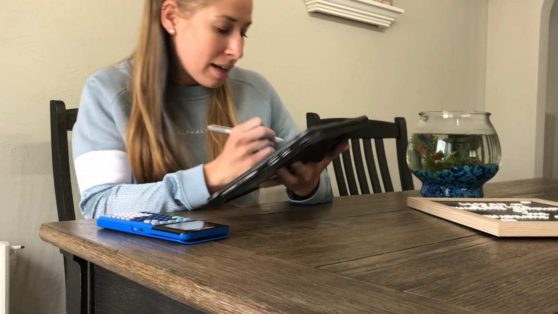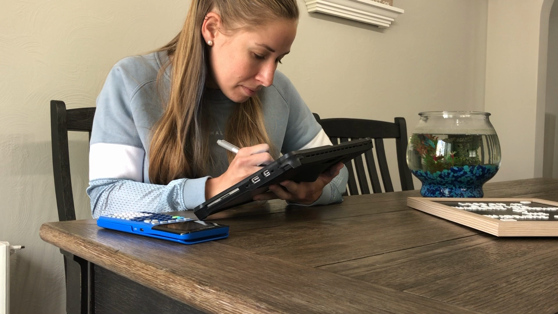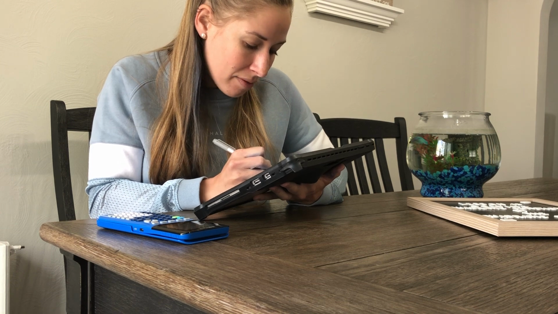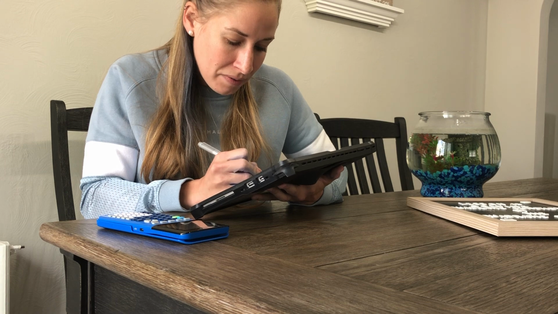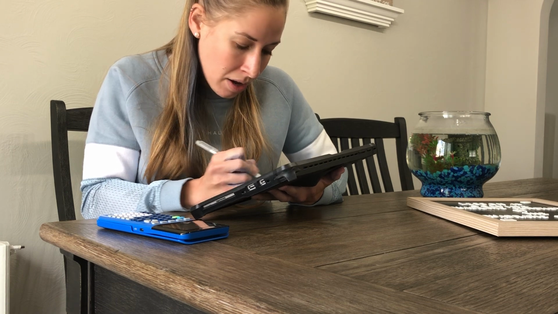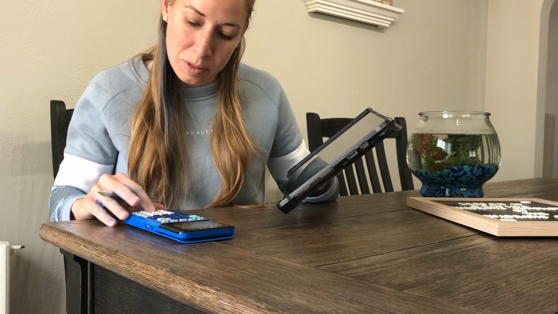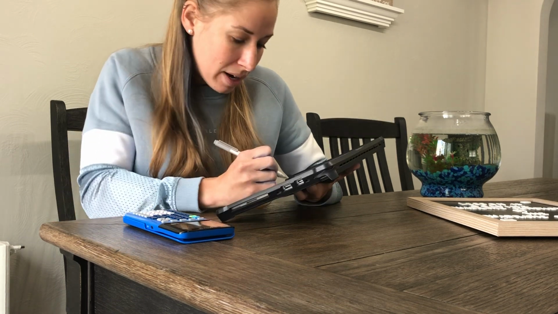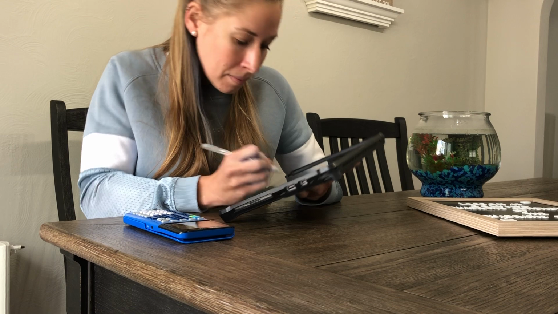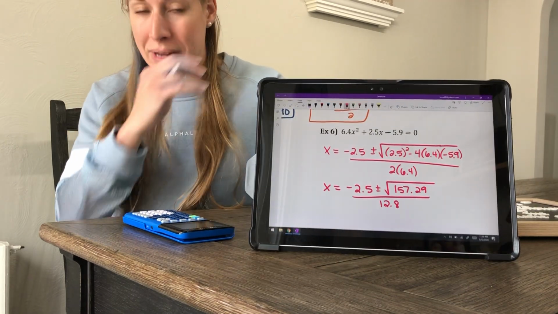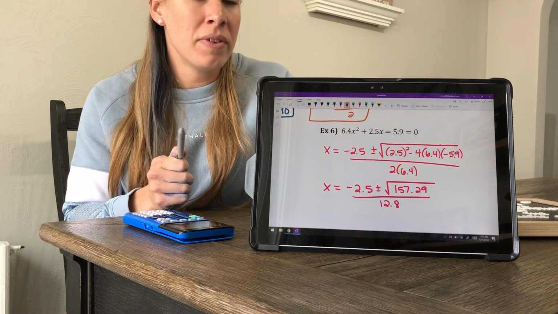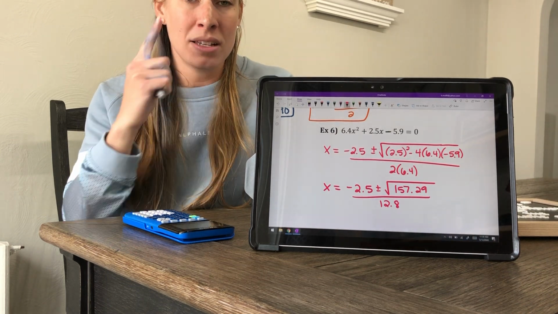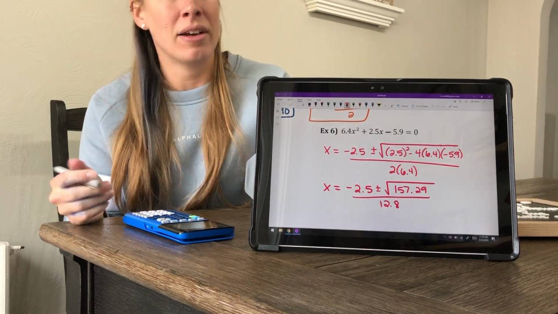So x equals negative 2.5 plus or minus the square root of 157.29 all over 2a. So 2 times 6.4 is 12.8. So that's where we should be at now. We've got the part underneath our radical simplified, and now we can split it into the positive and the negative, and then plug it in our calculator.